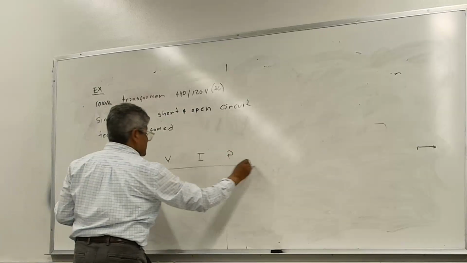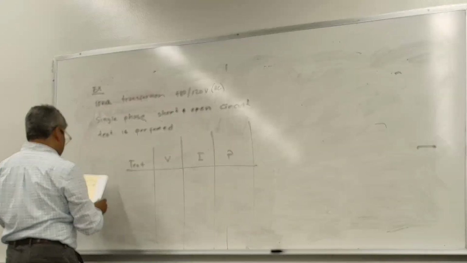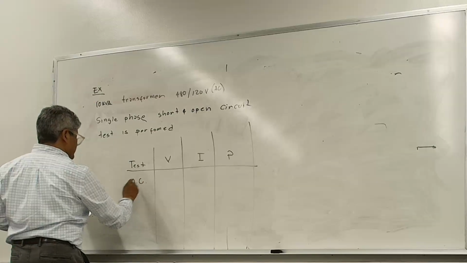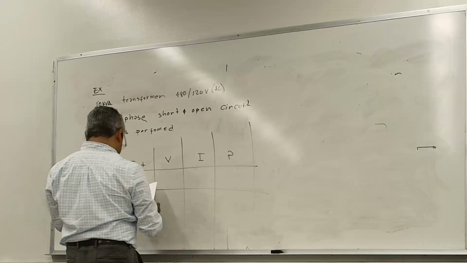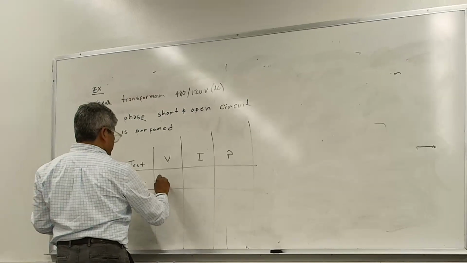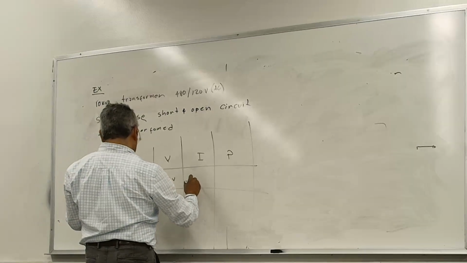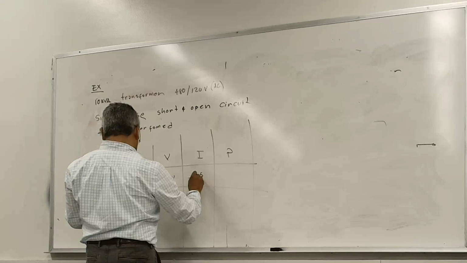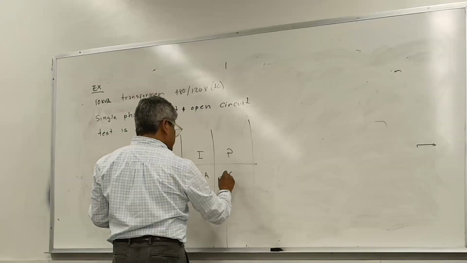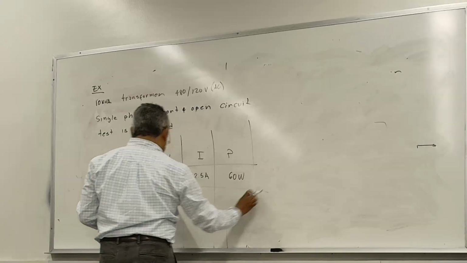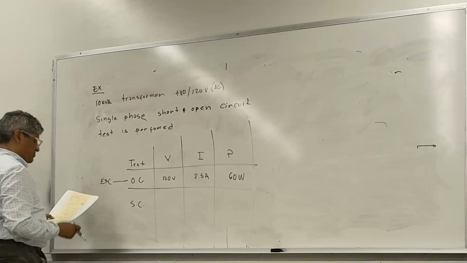Okay. I say open circuit and last short circuit. So here I get 120 volts for the open circuit test. I get 2.5 amps, and then I get 60 watts measurements. So remember, these are my excitation values.